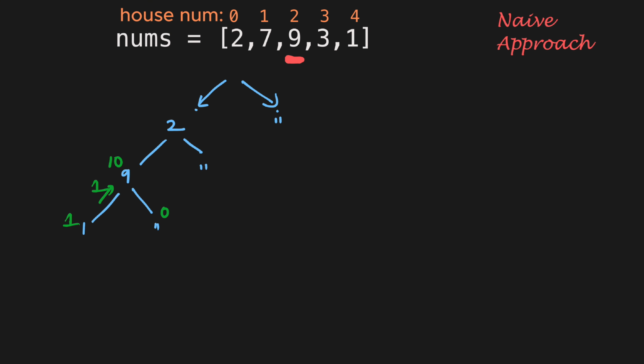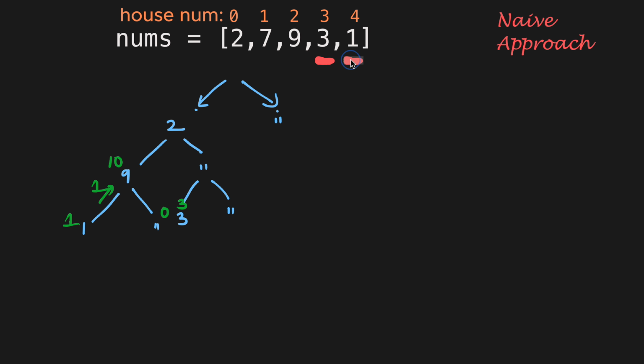But if we skip house number 2, then we will rob house number 3. And again we will have two possible choices, either to rob it or skip it. Now if we rob house number 3, we cannot rob house number 4. And again we hit the base case as there are no more houses remaining to rob from. So the maximum amount of money we can rob at this point will be 3.